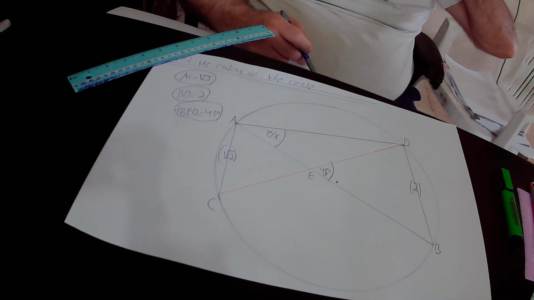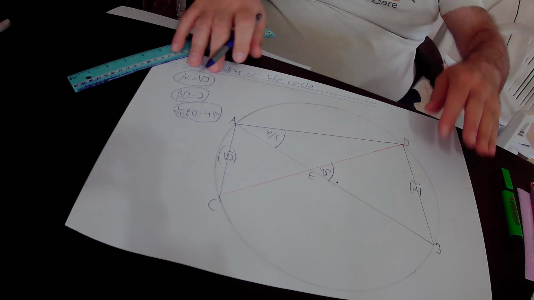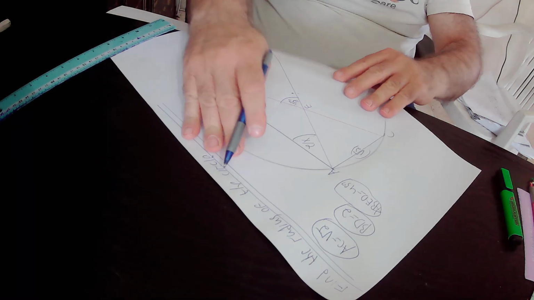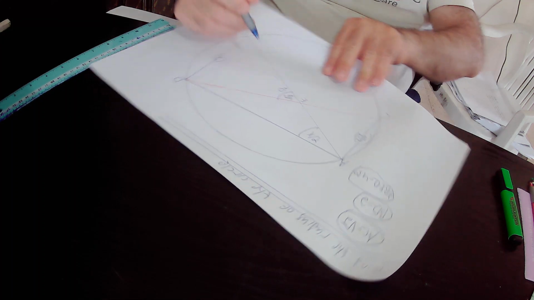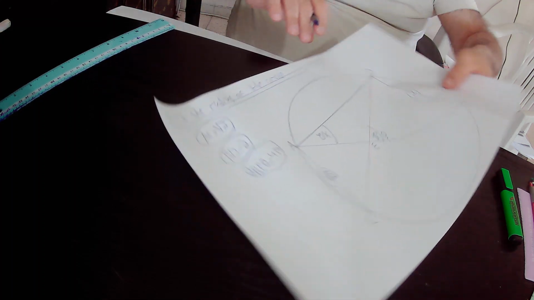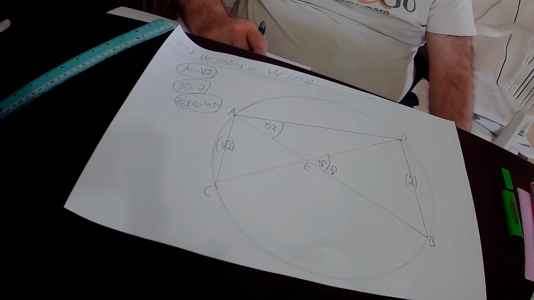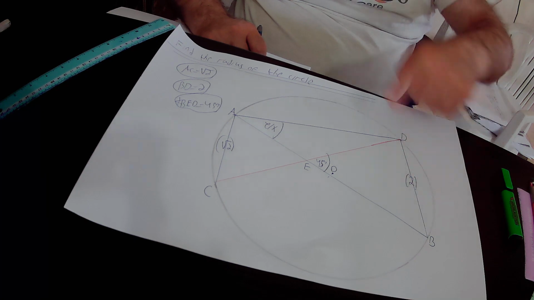In the next step, we'll define the center of this circle. This point is point O. Next, we'll join points O and B together by a straight line.